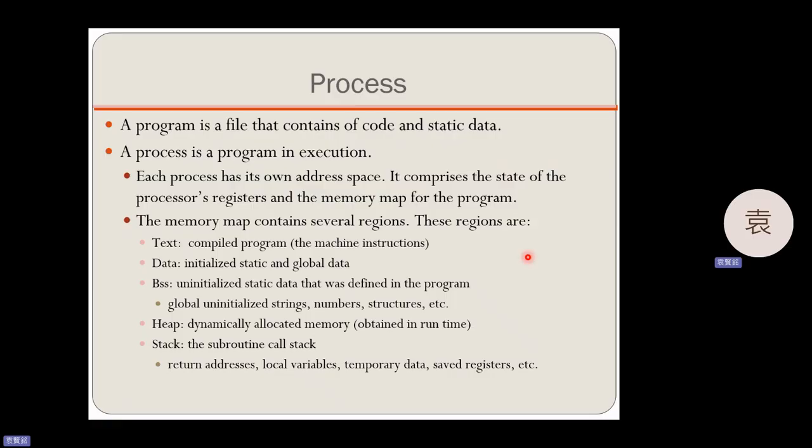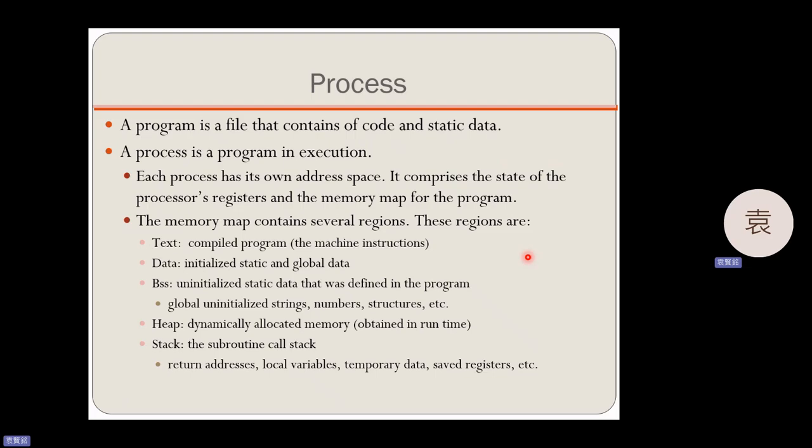So in other words, a program is just a passive entity, and a process is an active entity. A process has a state or status. A program is passive, which means it only contains information but has no current state. Each process has its own address space.